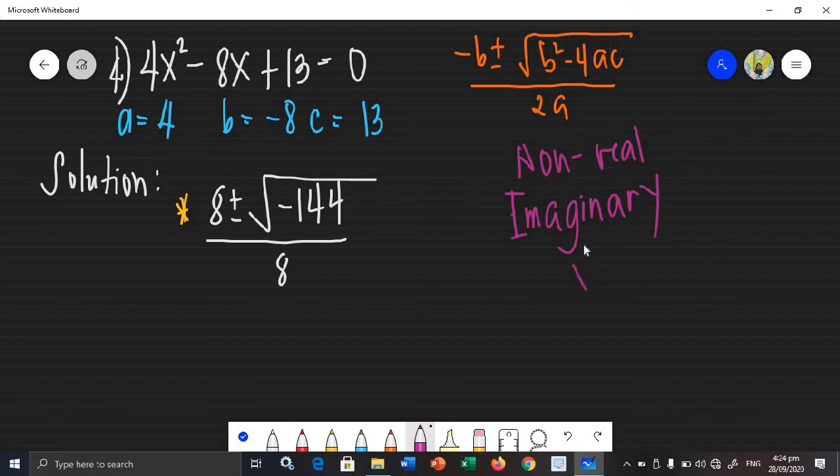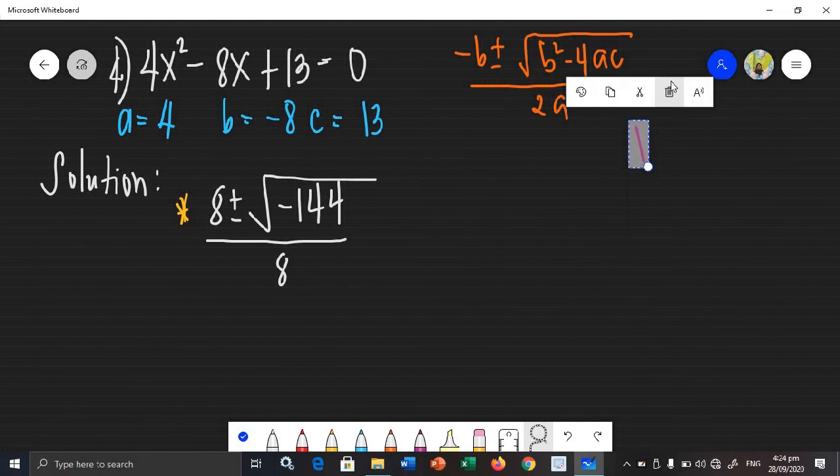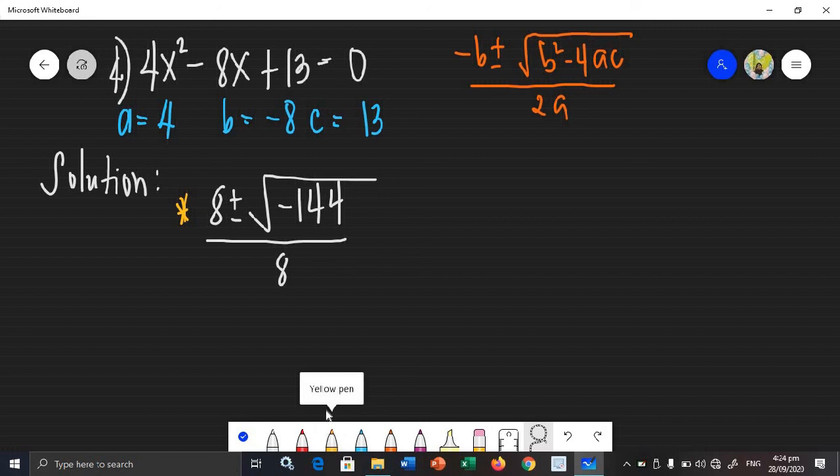Imaginary, ibig sabihin, walang ganyang numbers. Okay? Ayan. Pag nakita niyo na yung mga square root ng negative numbers or yung symbol na i, meaning they denote imaginary or non-real numbers. So how do we get the solution set nito, ma'am?